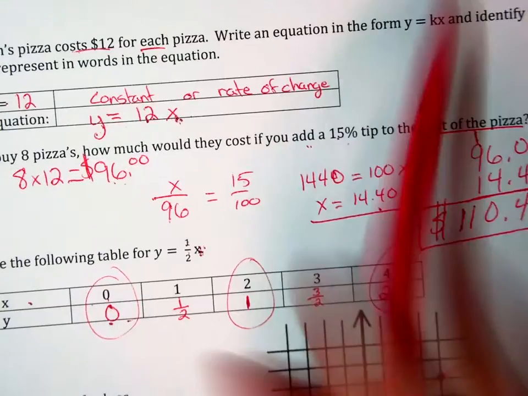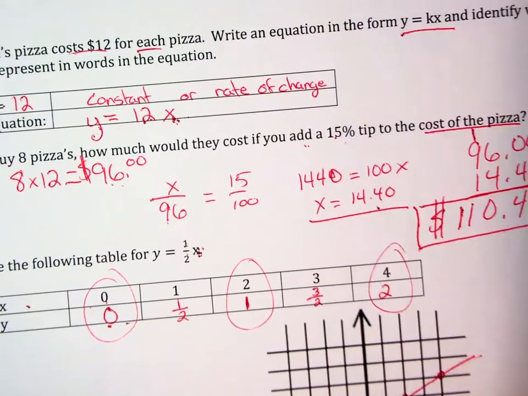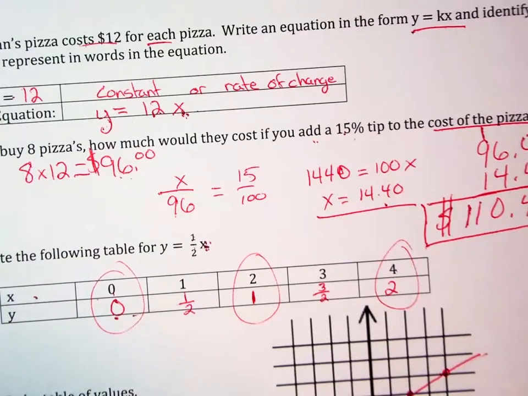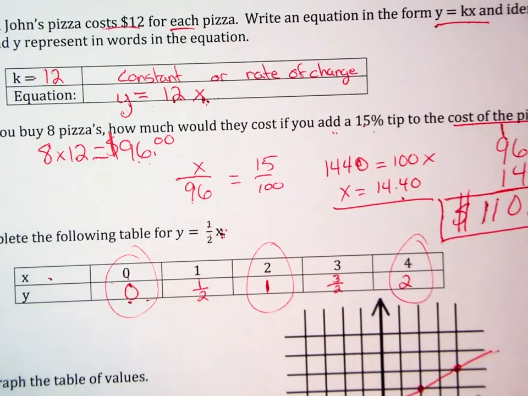Y equals kx, very important for this test. And then the third was the constant of proportionality, k equals y over x. Those are the three that are really going to drive a lot of the problems for this particular test. Hopefully you feel more prepared after completing this study guide.